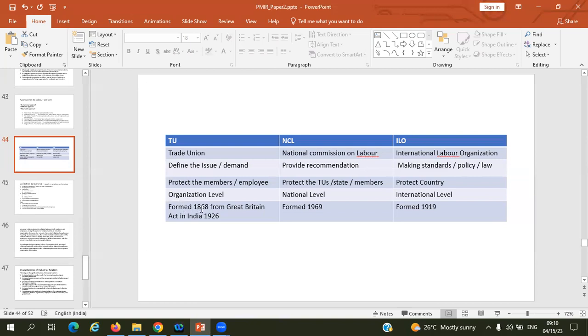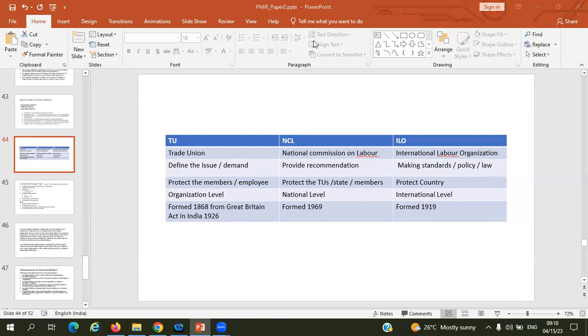This was formed in 1868 in Great Britain. So trade union is a very old concept. It was created from Britain. And the act was passed in India in 1926.